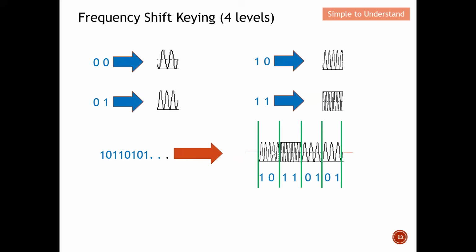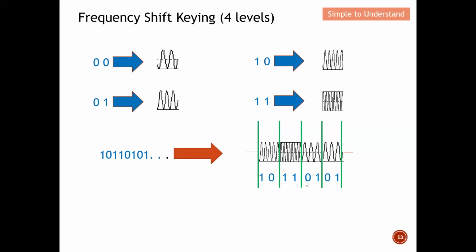Based on the frequency, for example, this is 10. This is 11. From here you can see that this is 01. And again from here, I can easily represent the digital signal with frequency shift keying with 4 level. Once I have this 4 level, my throughput will be doubled, because every slot, instead of 1 bit, I will be able to obtain 2 bits of data.